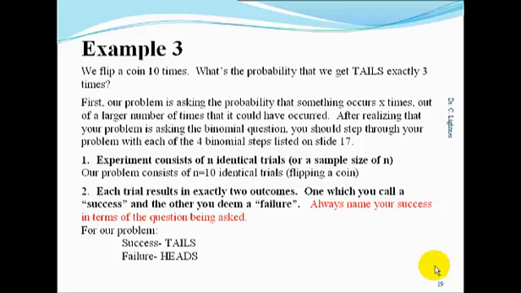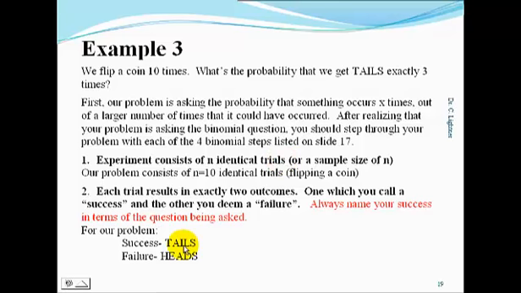Our problem is asking us the probability that something occurs x times out of a larger number of n times that the experiment is conducted. Walking through our four steps. First, our experiment does consist of n identical trials. We flip a coin 10 times, so n is equal to 10.